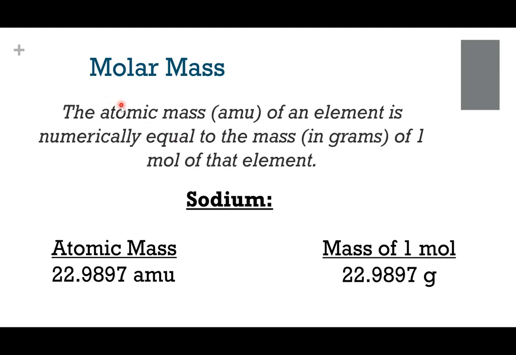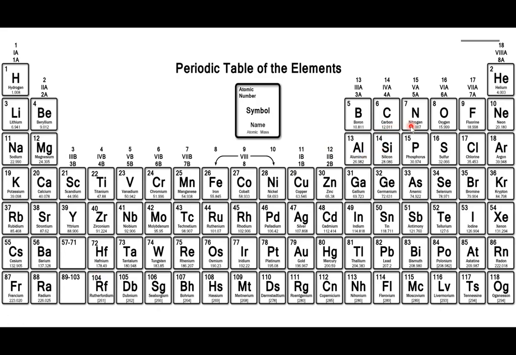So the atomic mass in AMU. The atomic mass in AMU, I'm going to click forward real quick, is that number at the bottom of the periodic table. So the example that I have on the slide is sodium. So here's sodium, and I see that the atomic mass is 22.9.